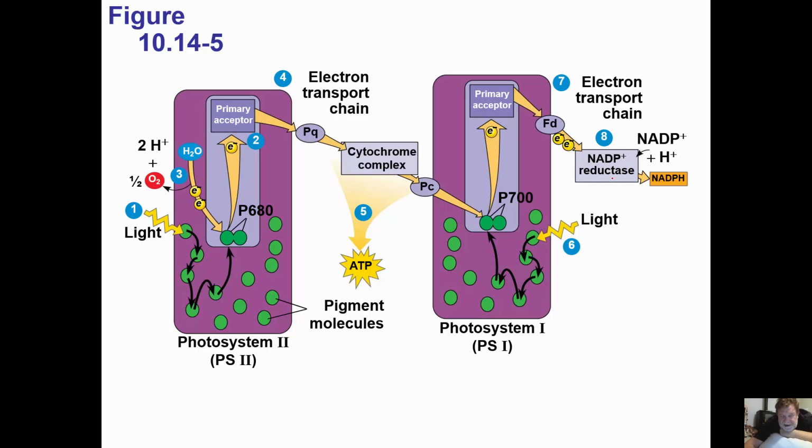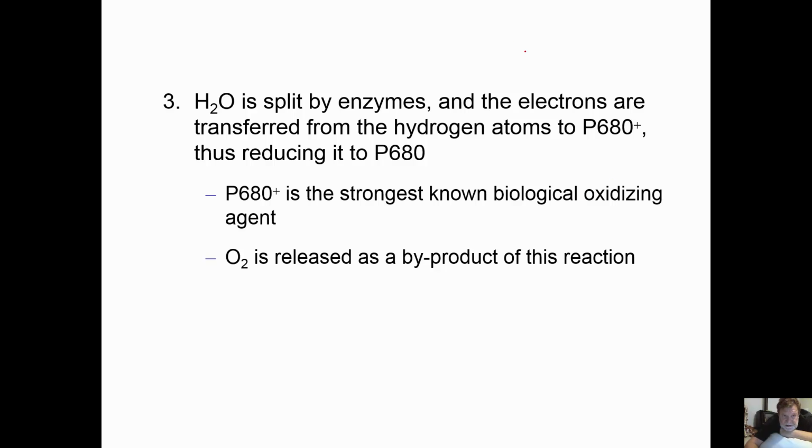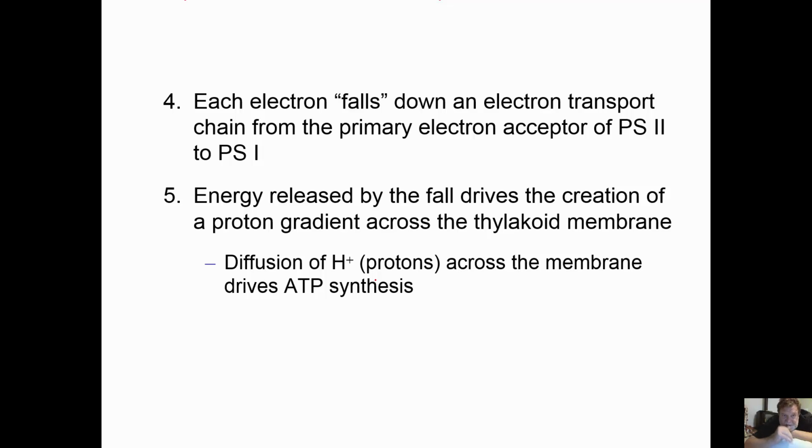At this higher state, we can then use the electron transport chain to reduce NADP. The water is split by enzymes, and electrons are transferred from the hydrogen atoms to P680+, thus reducing it to P680. P680+ is the strongest known biological oxidizing agent. That's why it can work on water. Oxygen is released as a byproduct of the reaction.